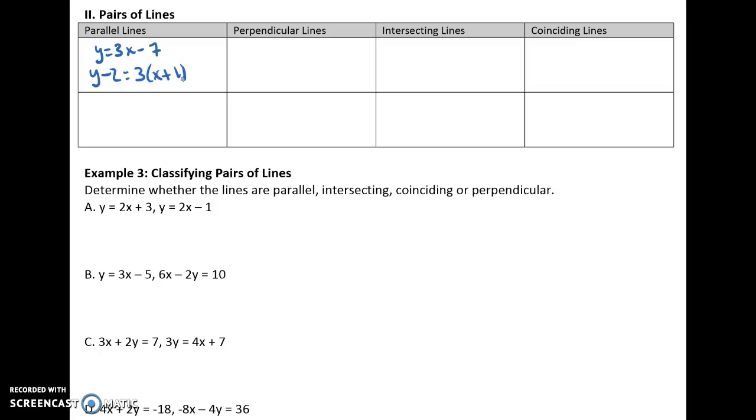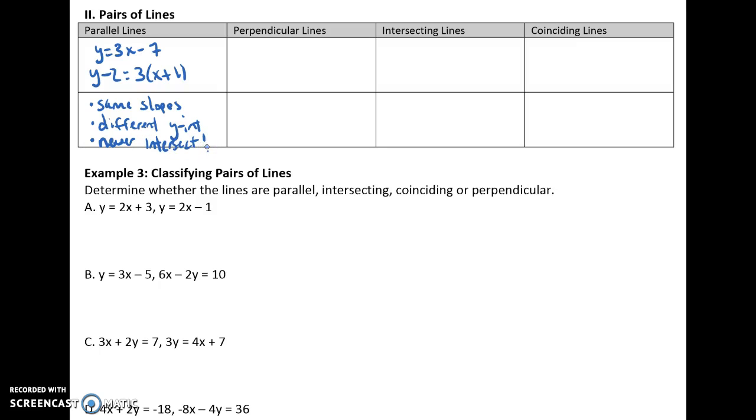They have the same slope, different y-intercepts. And they never intersect.